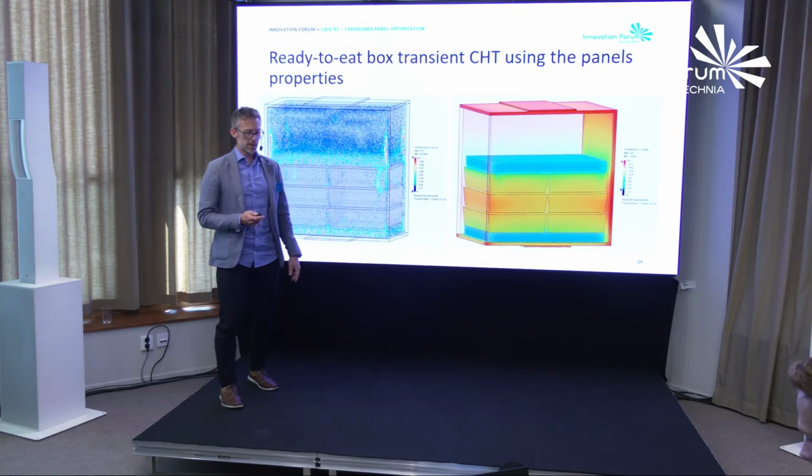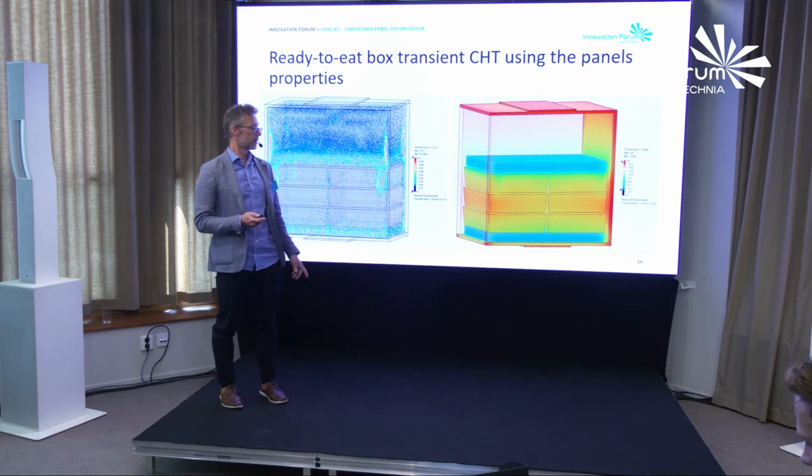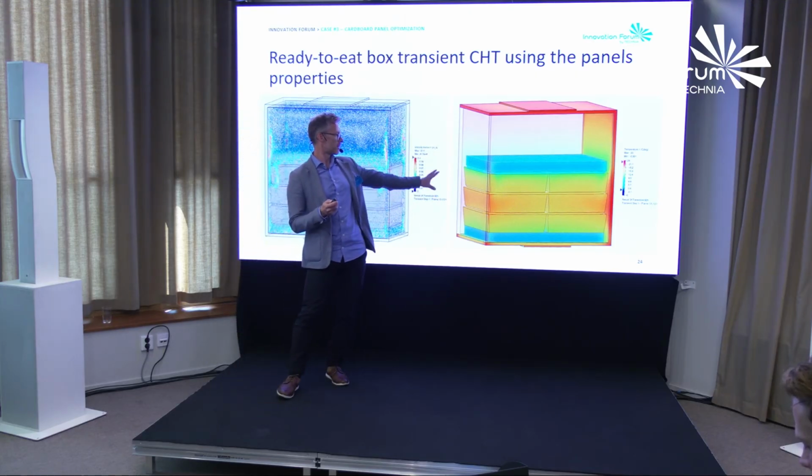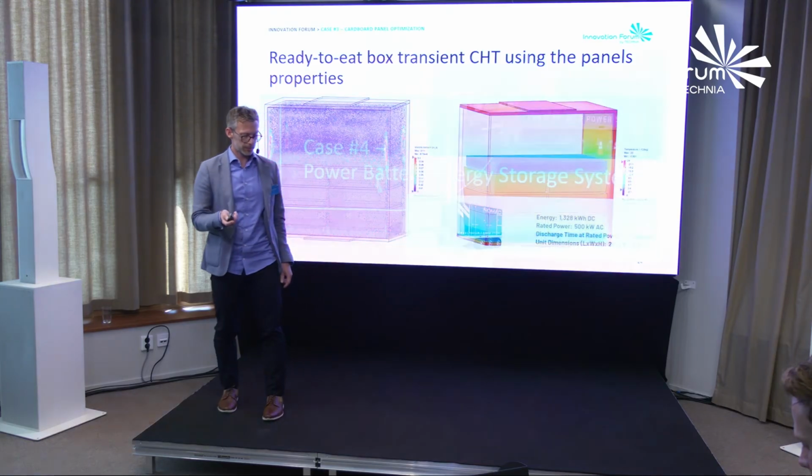So in this case, you see the velocity vectors on the left and the thermal simulation to the right. And here is the ice boxes, the food trays, and then the cardboard box.